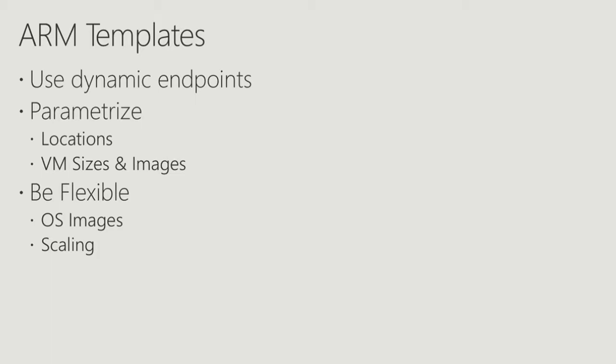I talked about this already for ARM templates: the importance of using dynamic endpoints, parameterizing everything, and being flexible with images. Also scale, right? You have to take into consideration VM sizes and whether those VM sizes are available or not.